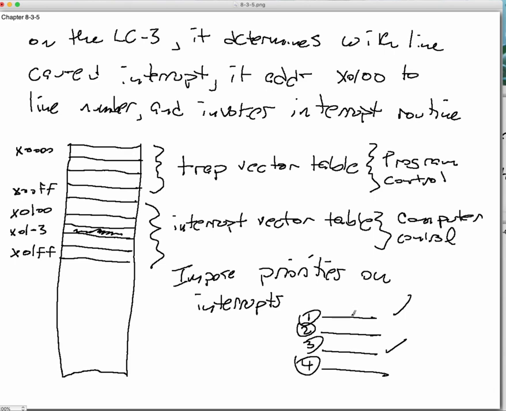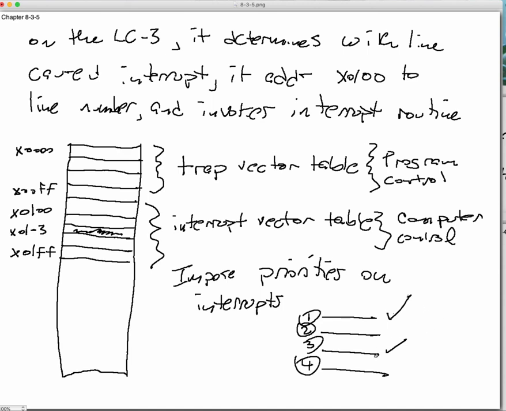Suppose that while interrupt 1 is being serviced, something generates interrupt 2. So when 1 is all finished, I'm going to service interrupt 2. Now let's suppose that while we're servicing interrupt 2, interrupt 1 occurs. So when interrupt 2 is finished, I'm going to service interrupt 1.